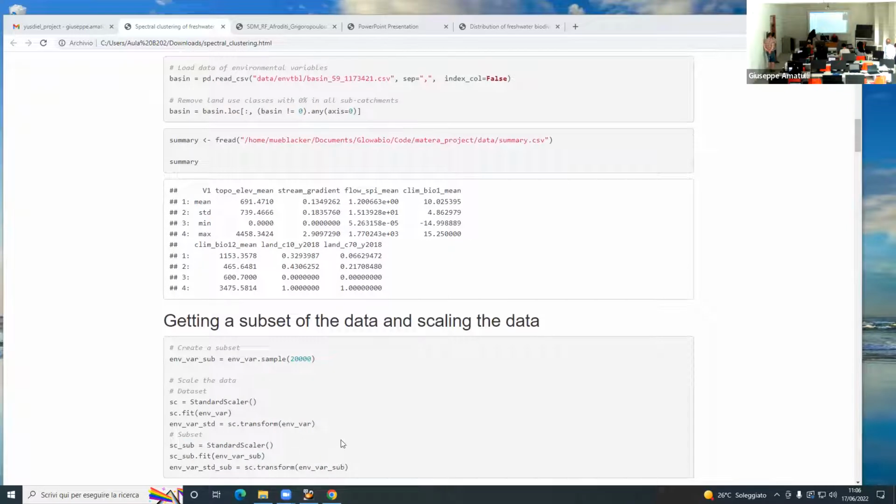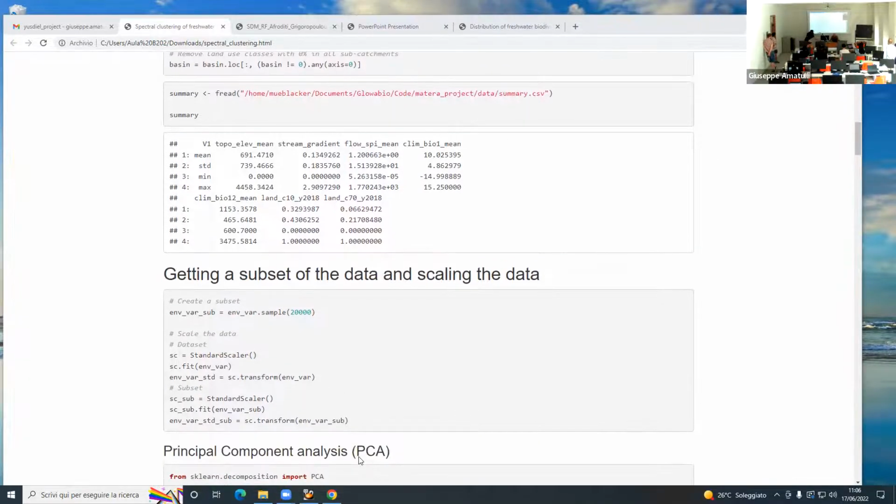Then I took a sample of my data set of 2,000 sampling sites, which is roughly 5%. As the range of my variables is very different, I scaled or normalized them by the standard deviation.